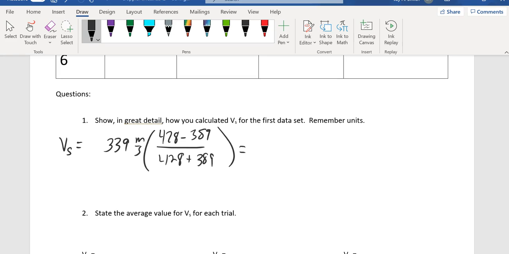When you do that calculation, it gives us about 16.2. So we'd say that the car, in this case, is going about 16.2 meters per second.